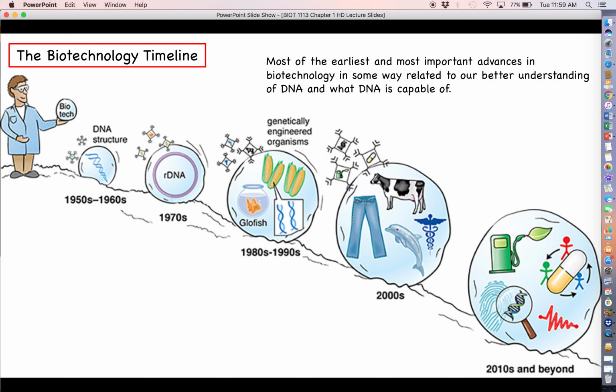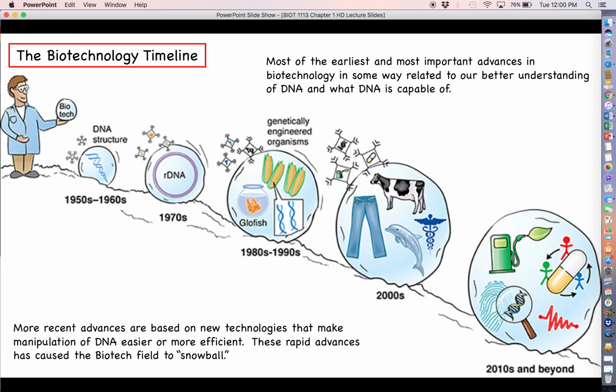If you date back to the 50s and 60s with Watson, Crick, and Rosalind Franklin's breakthrough in discovering the structure of DNA, we start to figure out how to work with recombinant DNA in the 70s, making genetically modified organisms in the 80s and 90s. So you can see how some of the earliest advances we made in biotechnology were all about our ability to learn more about what DNA is, what it's made of, what it does, and what it's capable of, right?